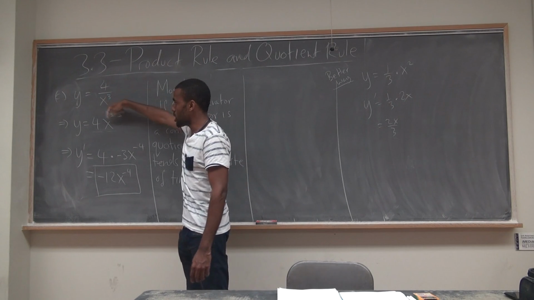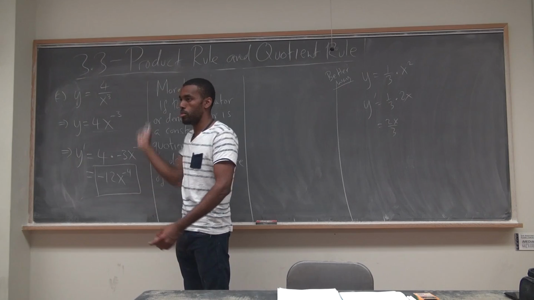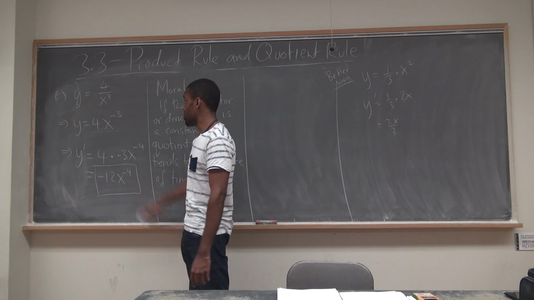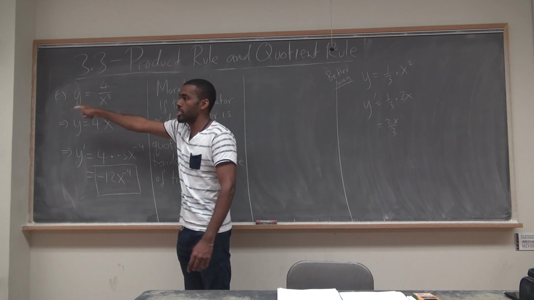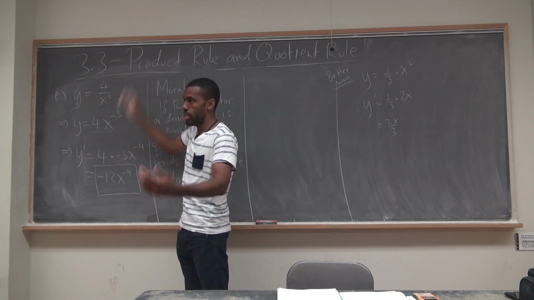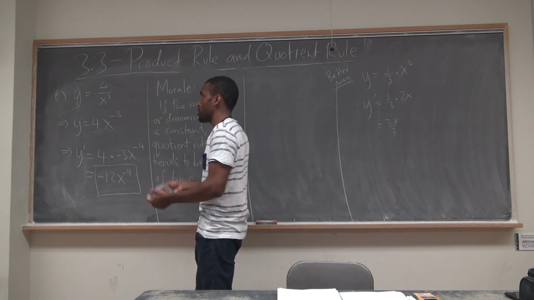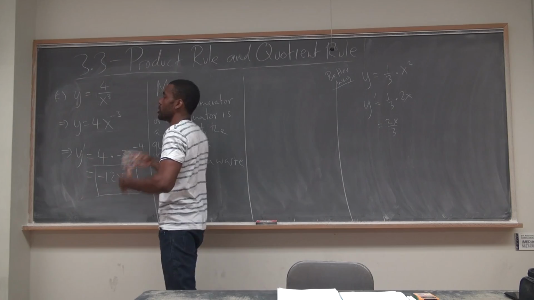So I can just move this up, think of it as a constant times a function, and apply one of my old rules, right? Similarly, if the bottom is a constant, I can just factor that off and use one of the old rules. You don't always have to use the quotient rule, right?